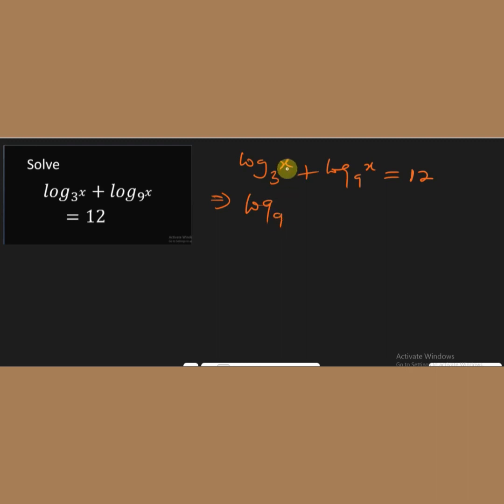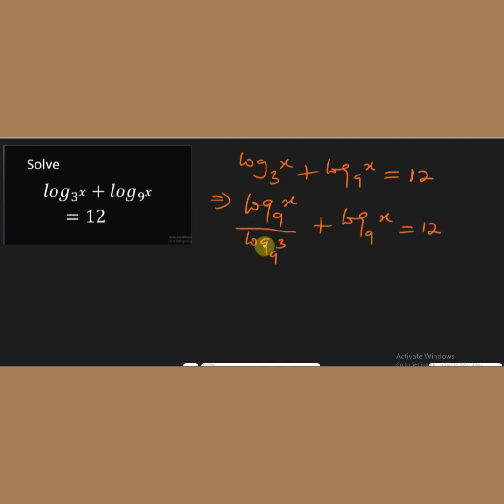That is going to be log 9 raised to the power of x divided by log 9 raised to the power of 3. That is the change of base. This and this are the same. I just introduced a new base. The goal is to make the log have the same base with this. So I'm going to write plus log 9 raised to the power of x is equal to 12.